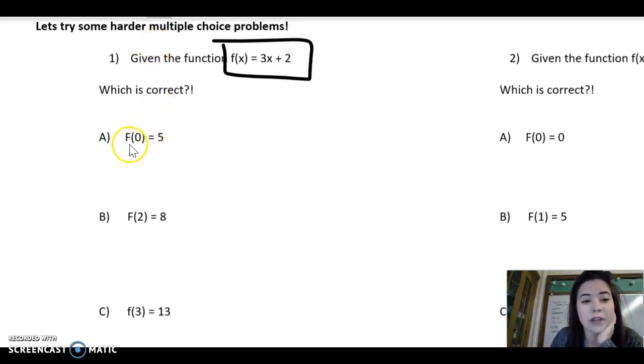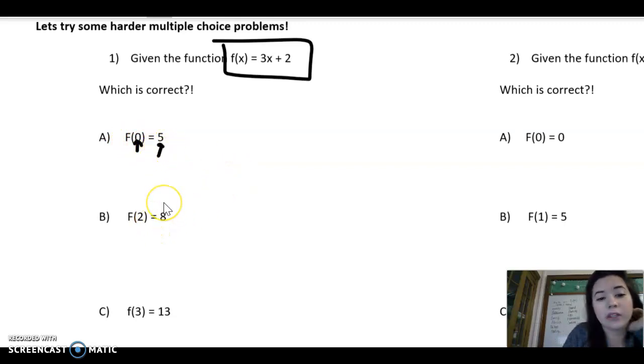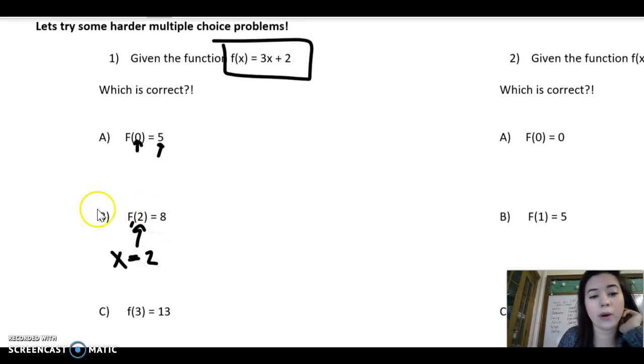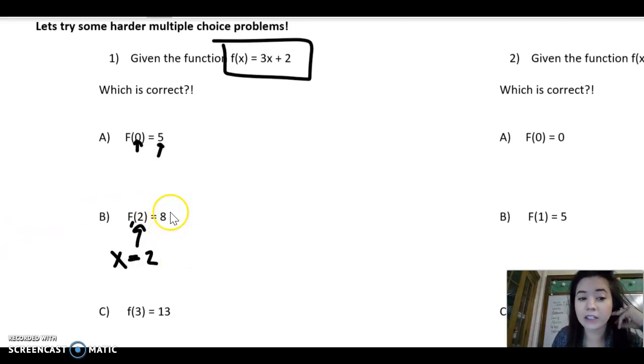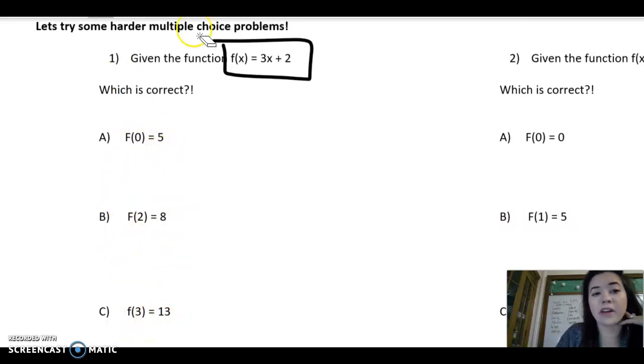This says if we plug in 0, I should get 5. This says if we plug in 2, my equation should give me 8. This says if I plug in 3, I should get out 13. So what we're going to do is go through and plug in each one and see which one is correct.